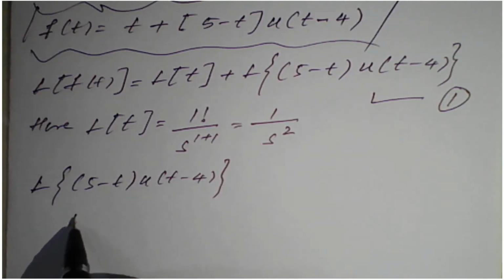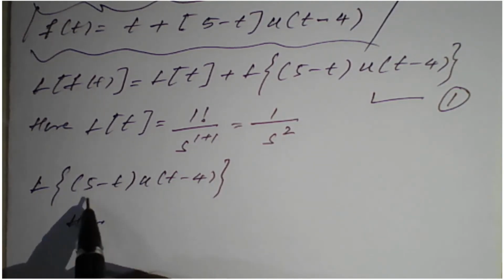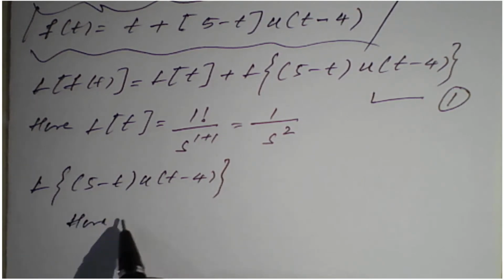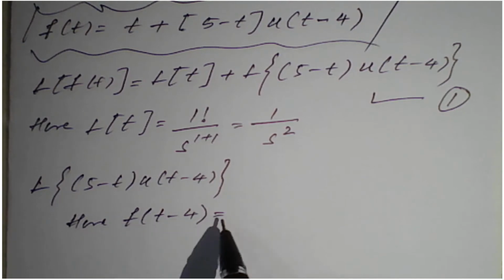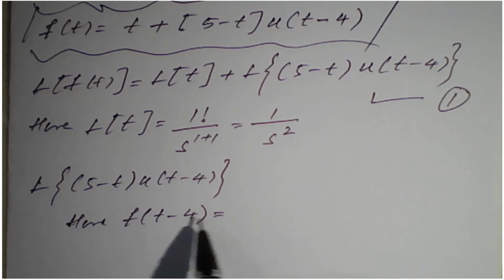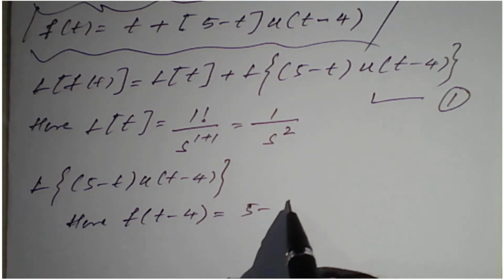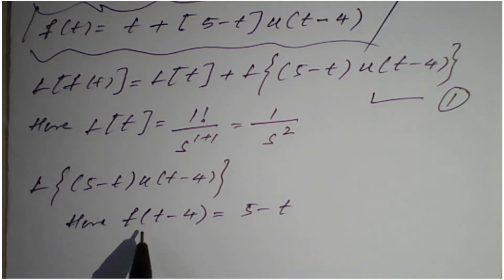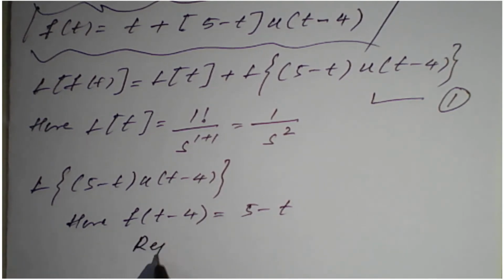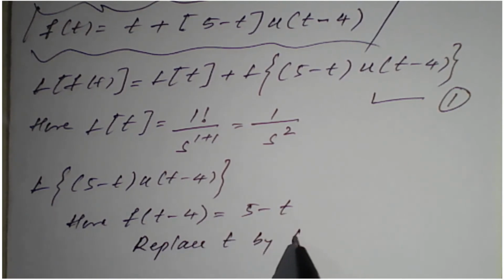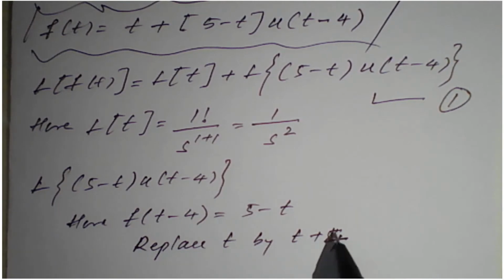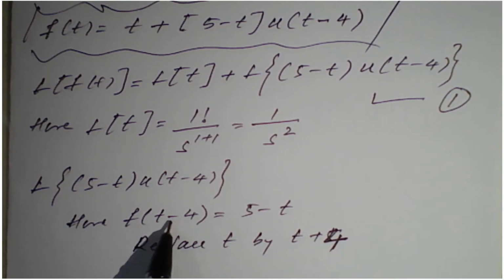Here the first bracket, pi minus t, is f of t minus 4. So f of t minus 4 is nothing but pi minus t. Therefore replace t by t plus 4.